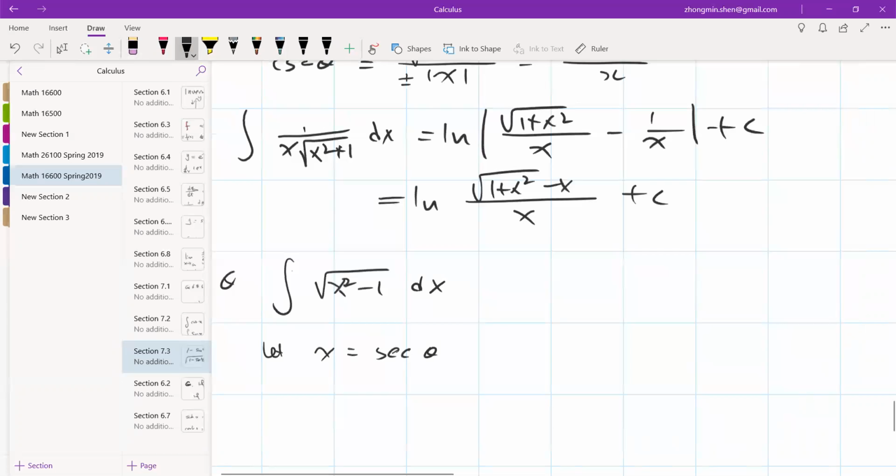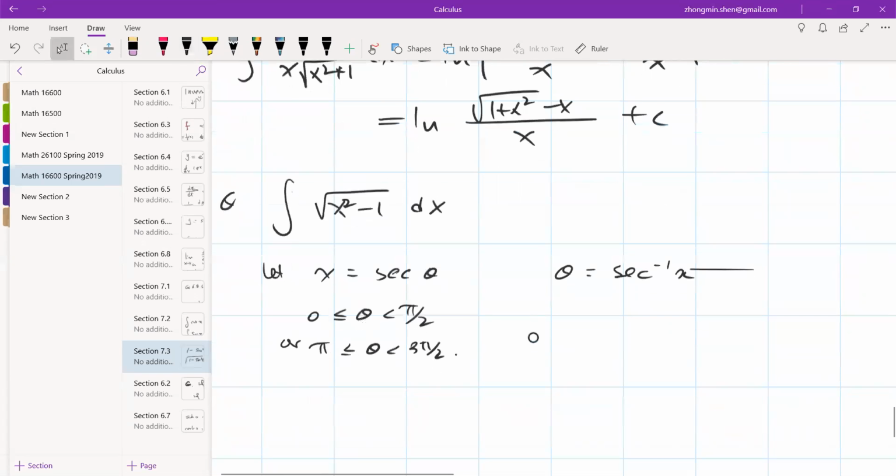Because later on we're going to find the inverse of that, theta here should be in the domain for the inverse function. So theta is greater than or equal to 0 and less than pi over 2, or greater than or equal to pi and less than 3 pi over 2. Then you can find the inverse. So let's look at how this integral becomes.